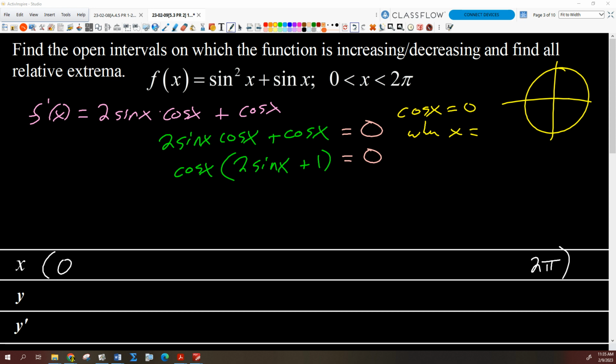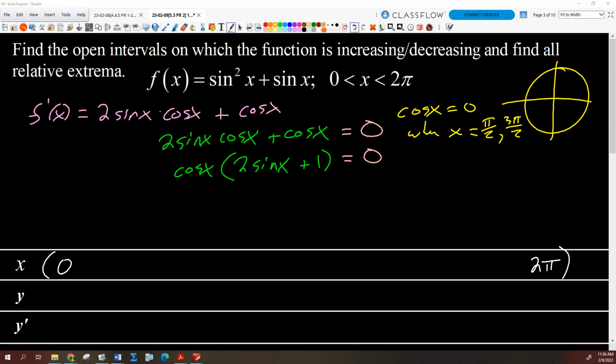When it equals pi halves, or 3 halves pi, because cosine is the x coordinate on the unit circle. Okay, when x equals pi halves, 3 halves pi. So there's two critical numbers.